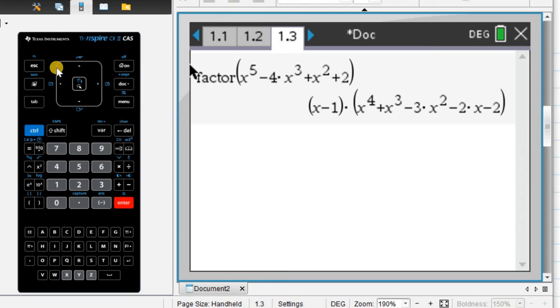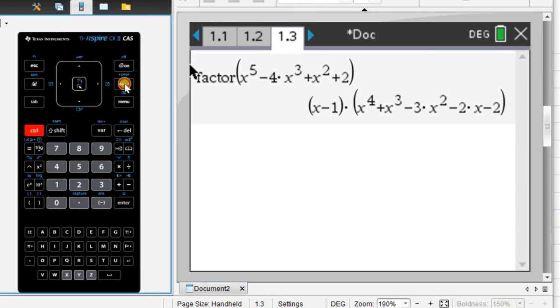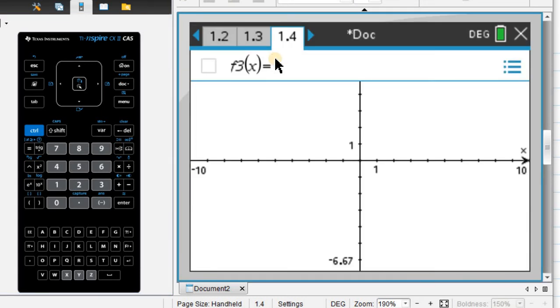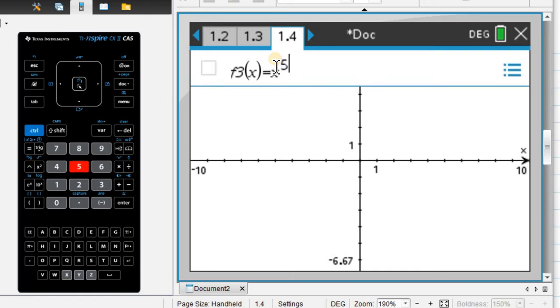I'm going to give myself another page and add a graph, and we'll type it in again: x to the 5th minus 4x cubed plus x squared plus 2.